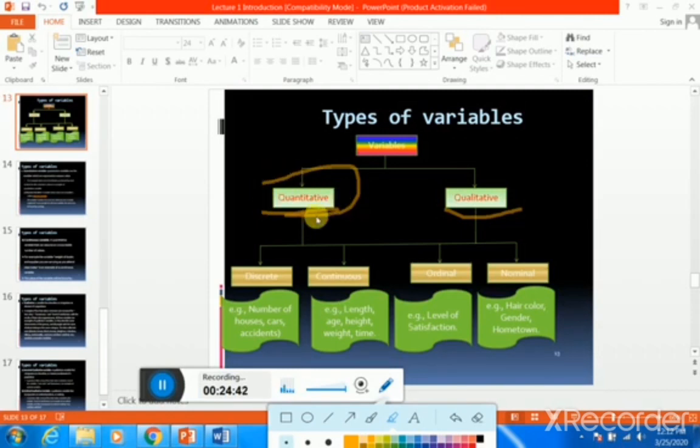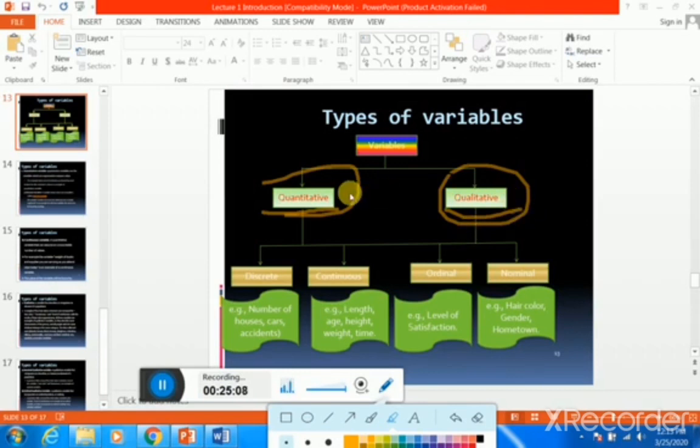On the other hand, we have qualitative. Look here, quality. The variables which we cannot express in number terms, but can express in quality terms, are known as qualitative variables.